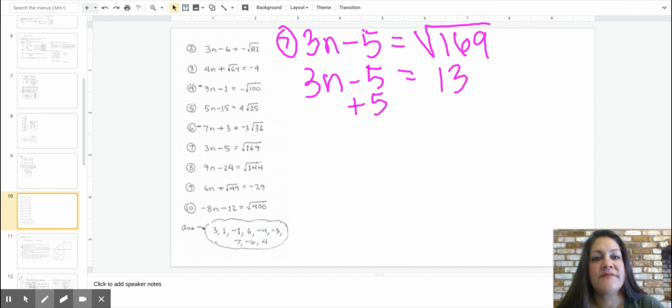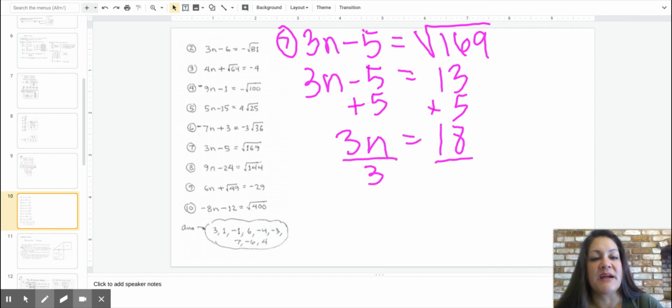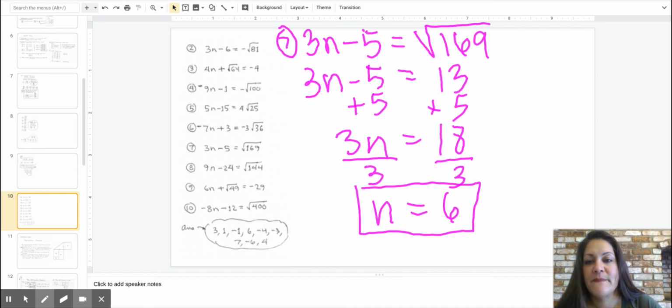Add 5 to each side. Gives me 3n equals 18. Divide both sides by 3. And my answer is n equals 6. There it is. All right, that was number 7.